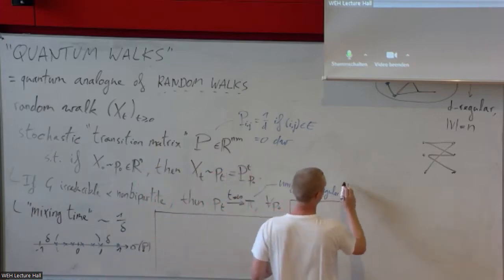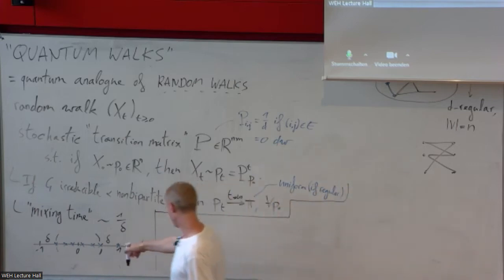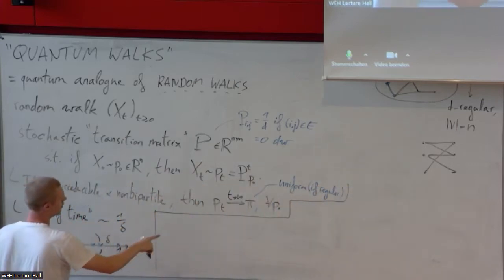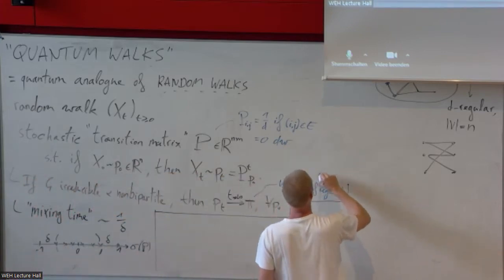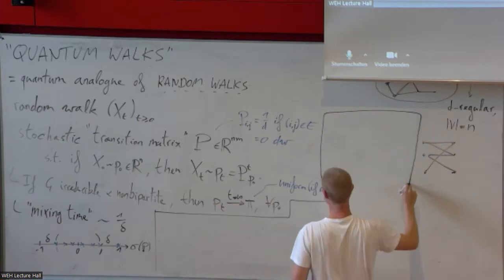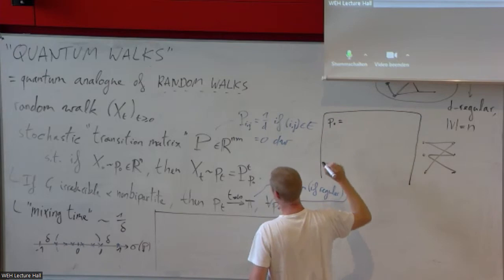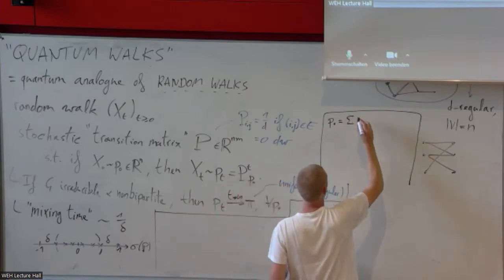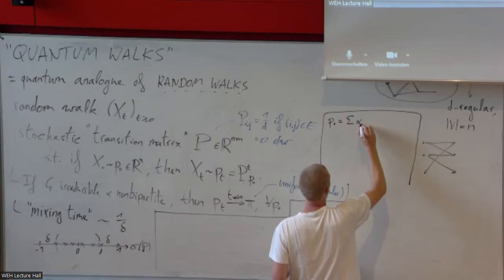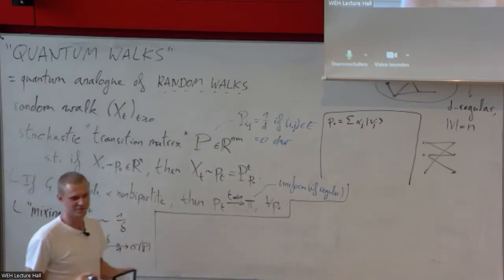Maybe it could also help to clarify why you care particularly about this gap. Maybe I can just do it on this chunk here. What you can always do is say that P_0 has a spectral decomposition into eigenvectors of P, right? Let's say it's some alpha_j, and I'm going to use a hat here, but it's just a vector, an eigenvector.